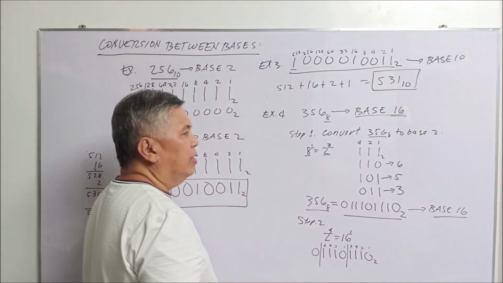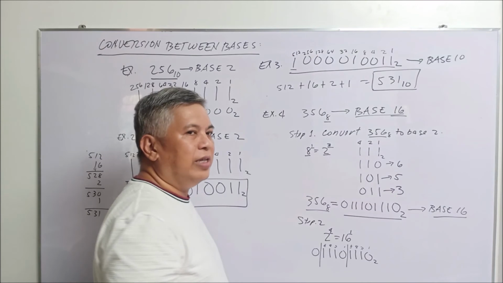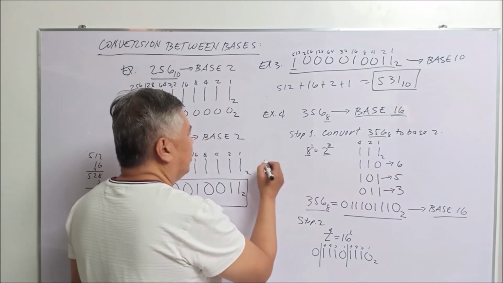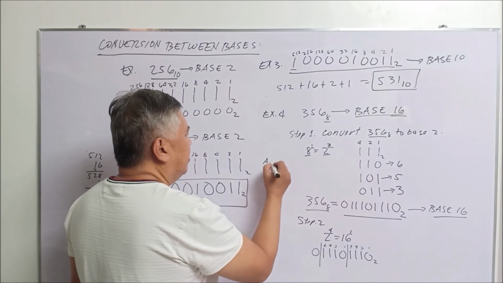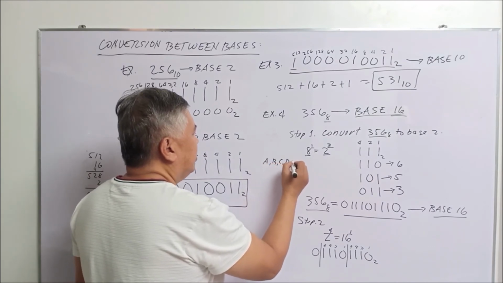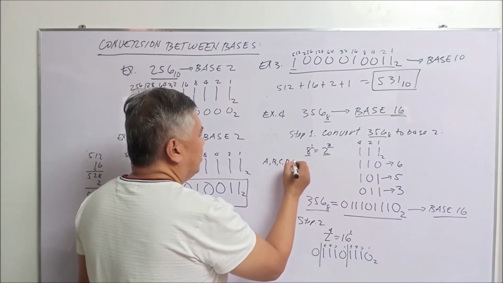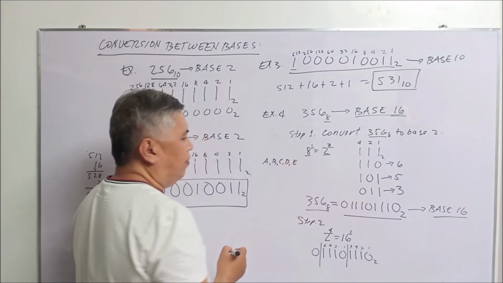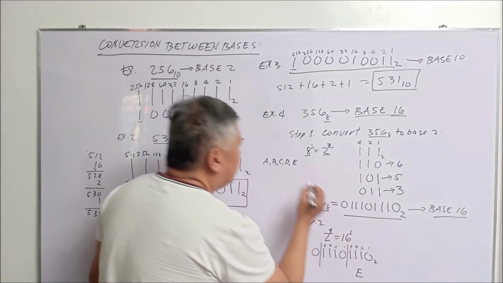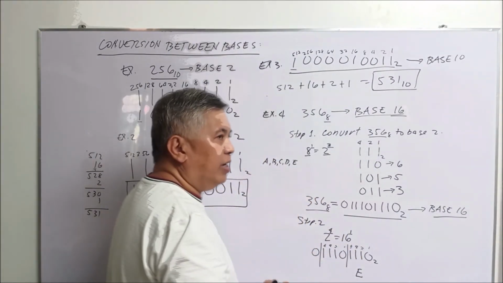And what is 14 in hexadecimal? A is 10, B is 11, C is 12, D is 13, and E is 14. So this is E, because there is no 14 in hexadecimal.